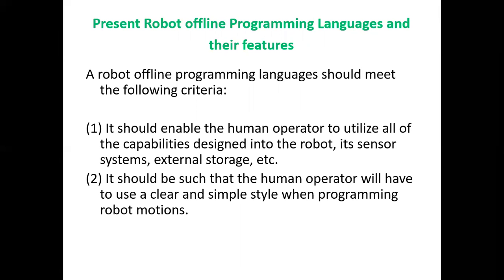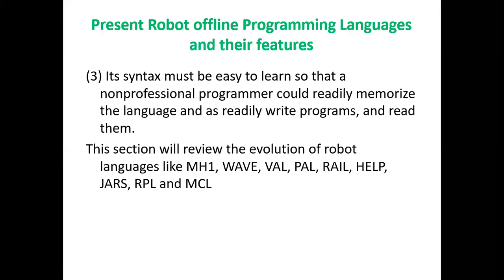It should be such that the human operator can use a clear and simple style when programming robot motions. Its syntax must be easy to learn, so that a non-professional programmer could readily memorize the language and easily write programs and read them.